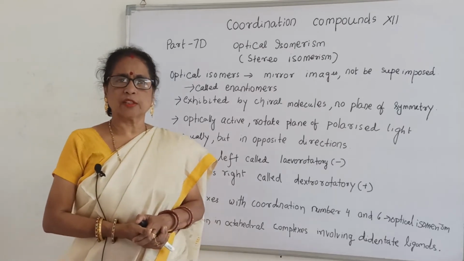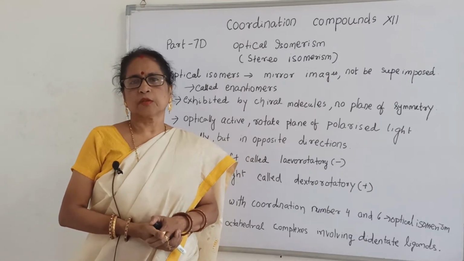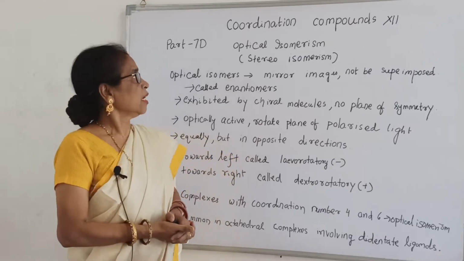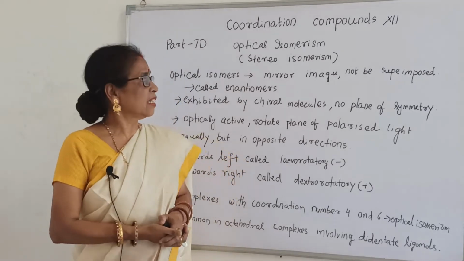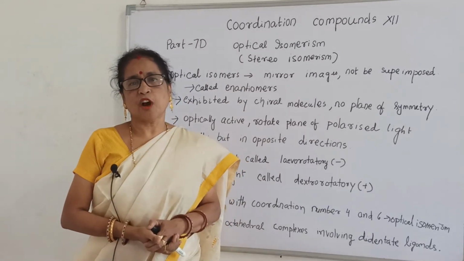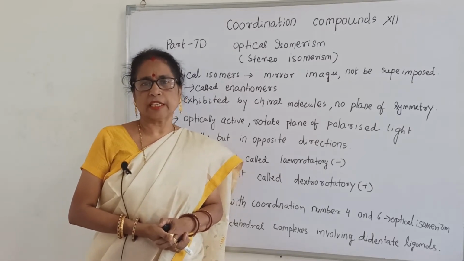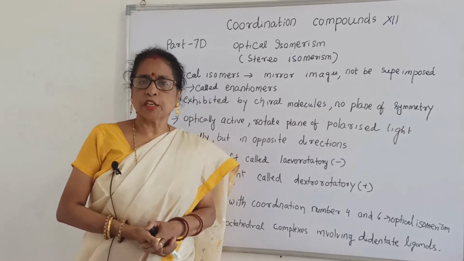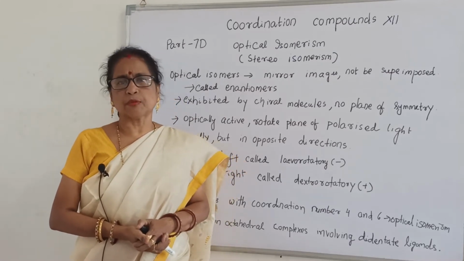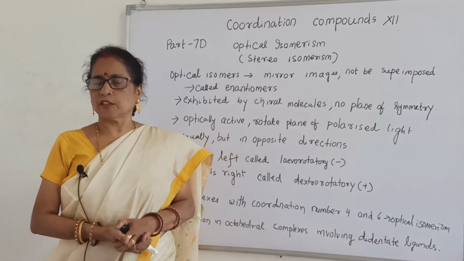Now the chapter is coordination compounds, for class 12 and according to the CBSE syllabus. Here is part 7D, that is optical isomerism. Optical isomerism is a part of stereoisomerism. Stereoisomerism is of two types: one is geometrical isomerism and the other is optical isomerism.